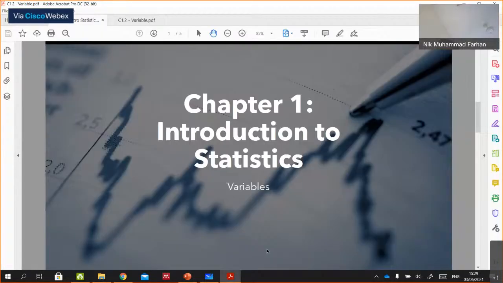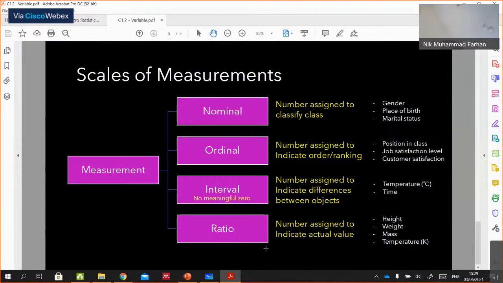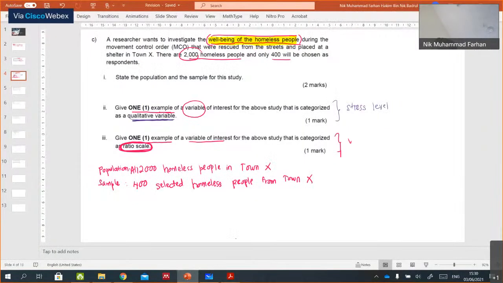If you remember, which one is the ratio? So for the ratio, for example, we have height, weight, mass, temperature. So we can ask their weight in this case. To look at their well-being, we can ask for their weight. So we can say weight of homeless people. Okay, something like this.